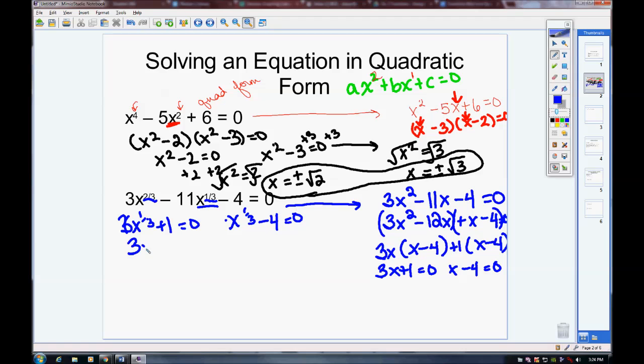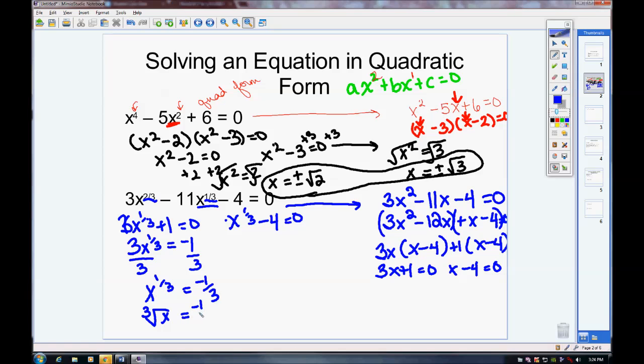I'm going to rewrite this by subtracting 1, dividing by 3, and then x to the 1/3 equals negative 1/3. Well, this is the same thing as the cube root of x. And we learned how to fix that, or get rid of that, by cubing both sides. So I get x equals negative 1 over 27.